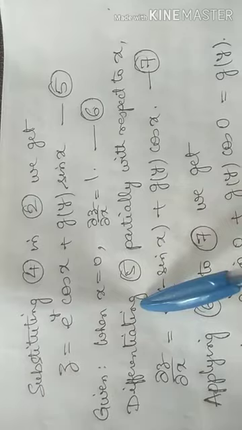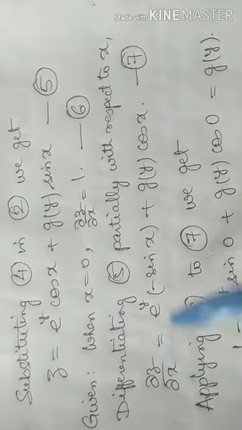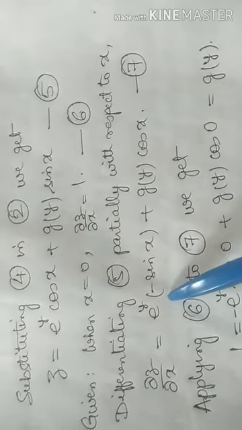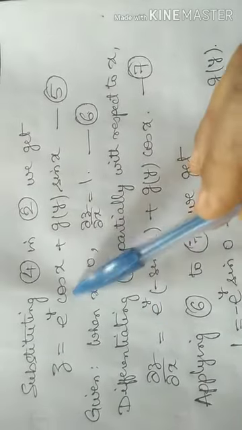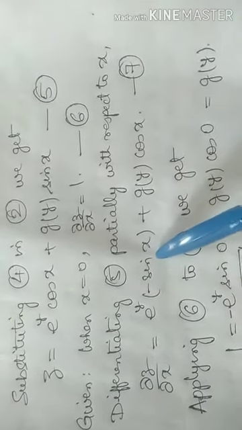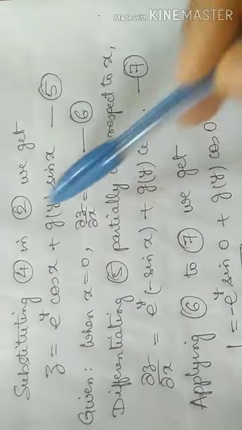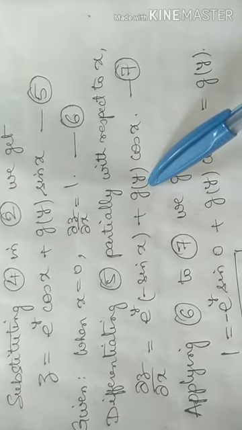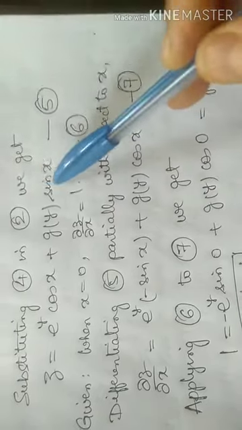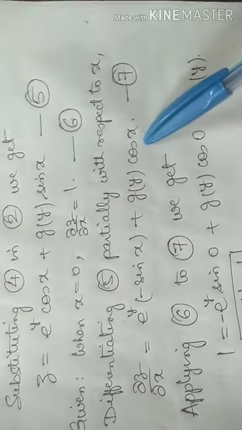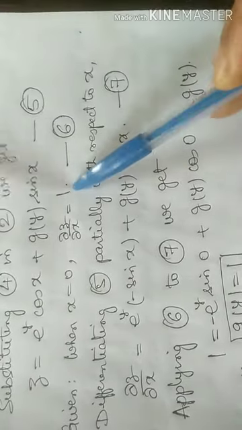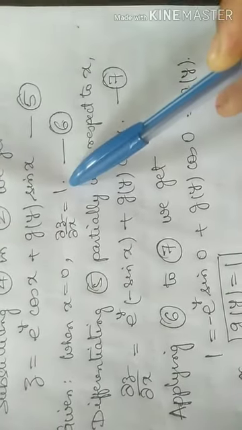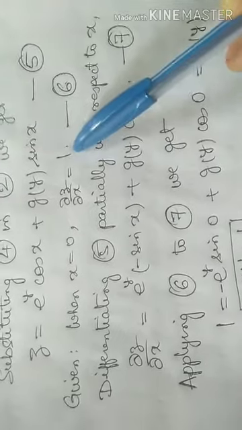So differentiating 5 partially with respect to x, we get ∂z/∂x equal to e^y, which is a constant with respect to x, times the derivative of cos x, which is minus sin x, plus g(y), again a constant with respect to x, as it is, and the derivative of sin x is cos x. So in this equation now, we shall apply the condition when x is equal to 0, ∂z/∂x is equal to 1.